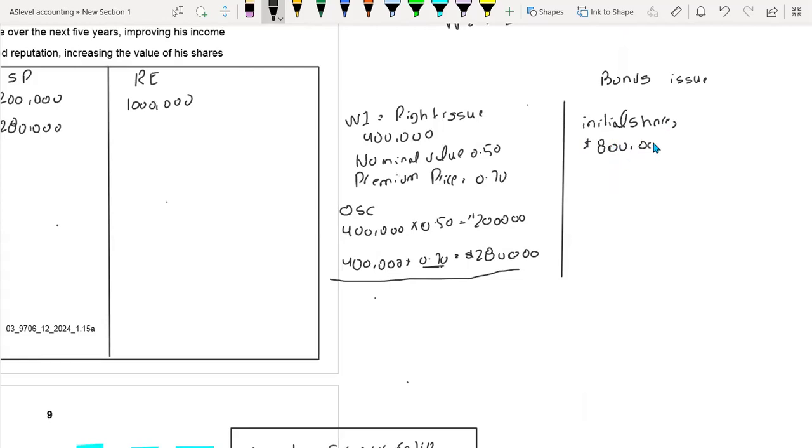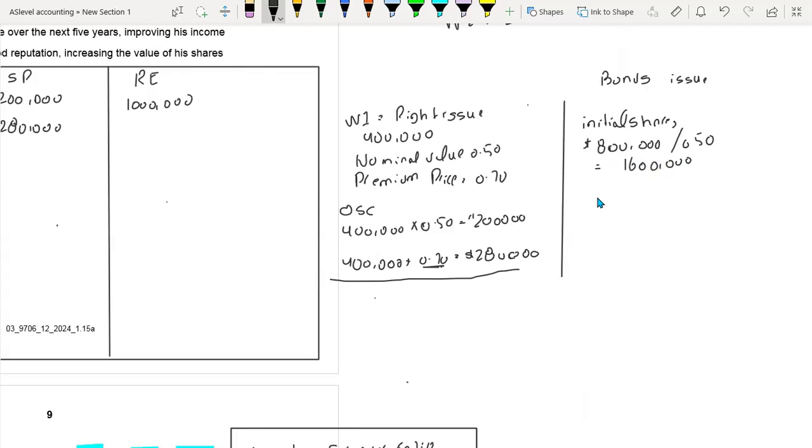So 800,000 was the capital, and if we divide it by the 0.50, you will have the number of shares, which is 1,600,000.